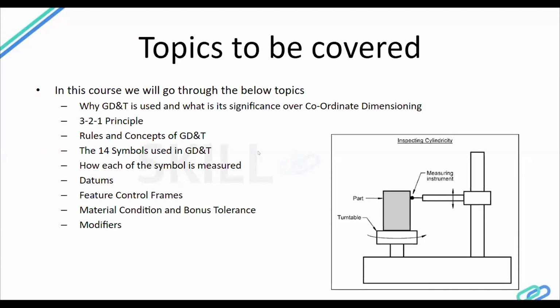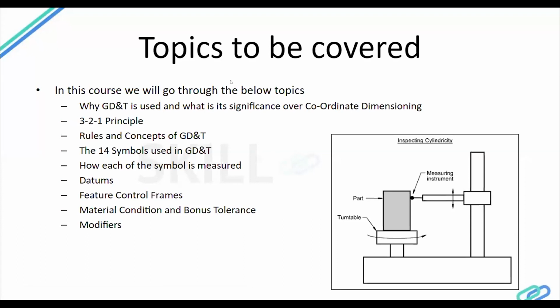If you say I would leave one topic and just teach GD&T, then it doesn't work. At some point of time, you might come across a symbol or a phrase which you might not know. So these are the topics which we'll be going through.